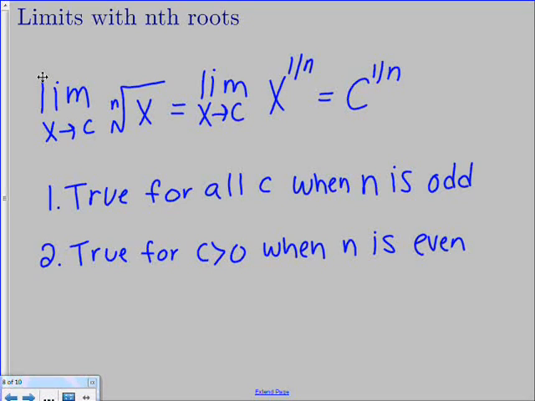And next we're going to talk about the composition of limits, or the limits for the composition of functions. And so this is a little bit trickier to set up, but it's actually pretty simple. So all this is, if we have two functions, f of x and g of x, and they follow these conditions.